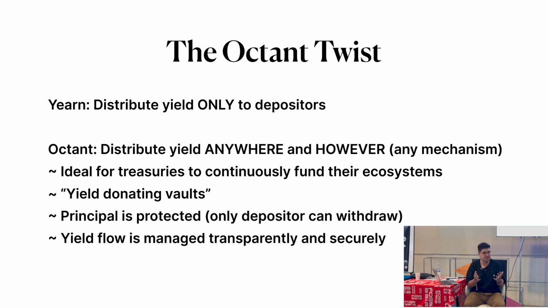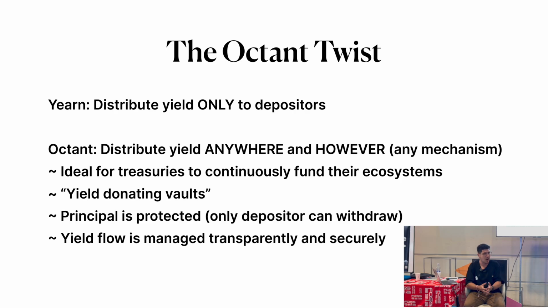And the difference between what we've modified from Yearn is basically that in Yearn, the depositors receive the yield, but with Octant the yield goes to a splitter contract, and then you can decide where this goes. So as we've been doing in the past, funding public goods, we're going to keep doing this, but with this new mechanism that we've built.